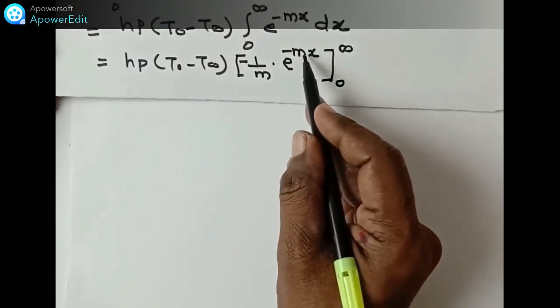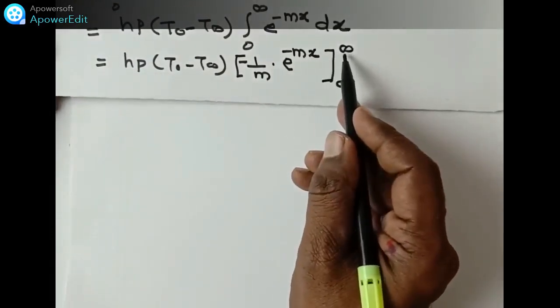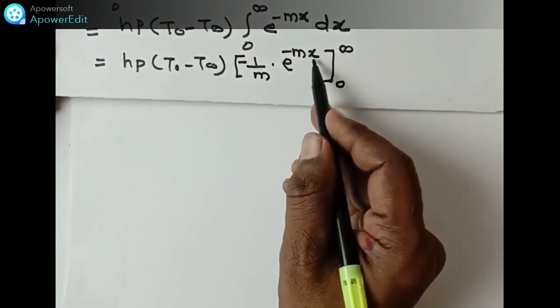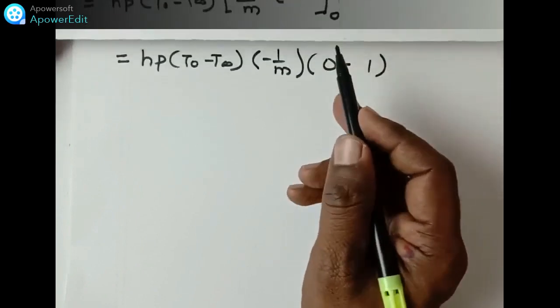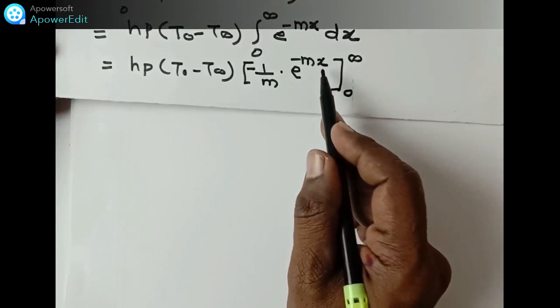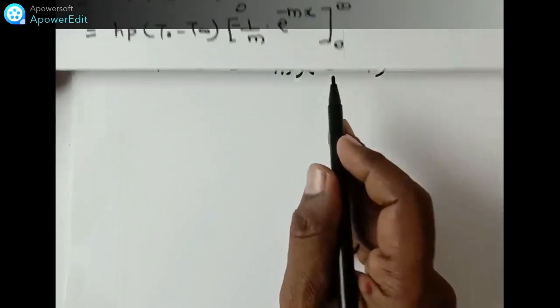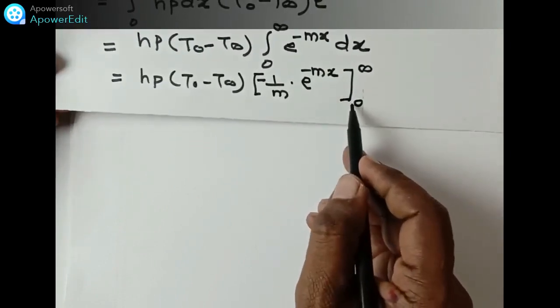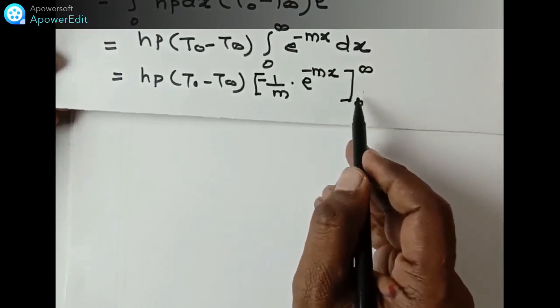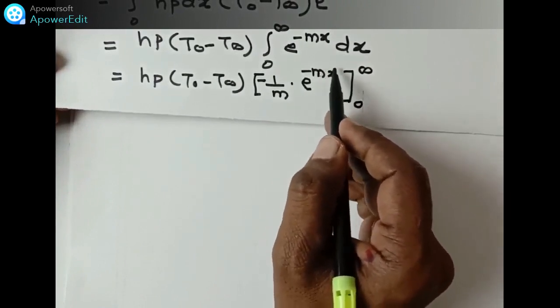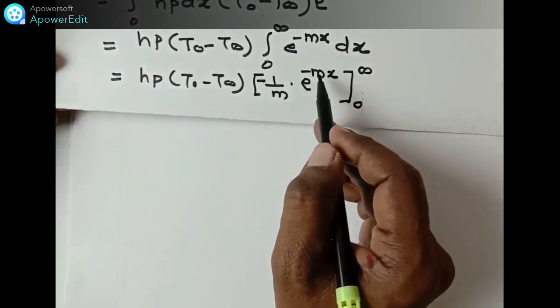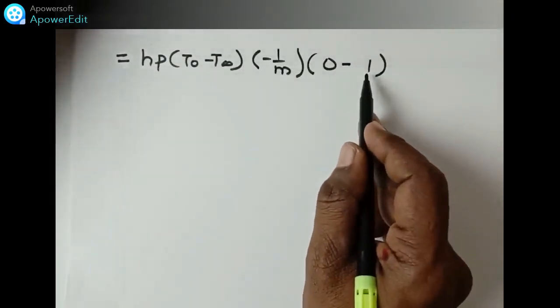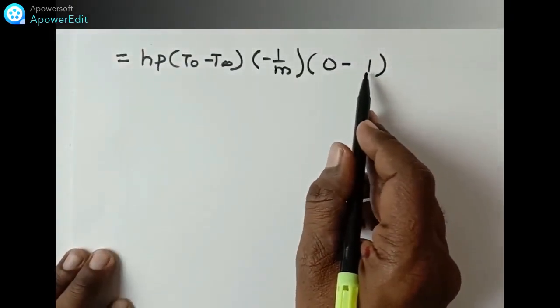Here e raised to minus m x, first upper limit at the x is infinity, so e raised to minus infinity, that will become 0, and lower limit e raised to minus m into value of x 0, this total will become e raised to 0, means 1. So upper limit minus lower limit value.